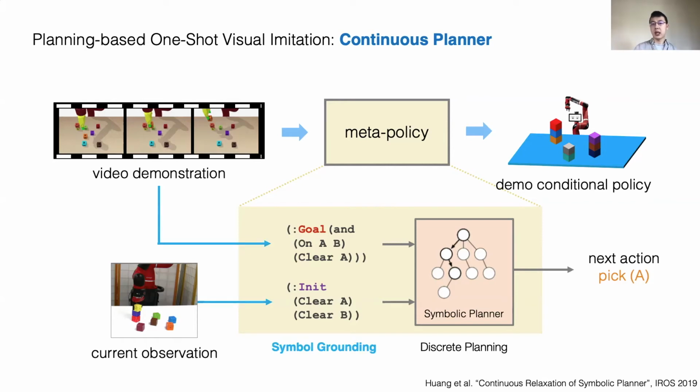In the first part, we use a symbol grounding network where we map the observation and also the video demonstration to a set of symbolic states. And in the second part, we use a symbolic planner that takes the grounded symbolic states and plans the actions based on the domain knowledge.